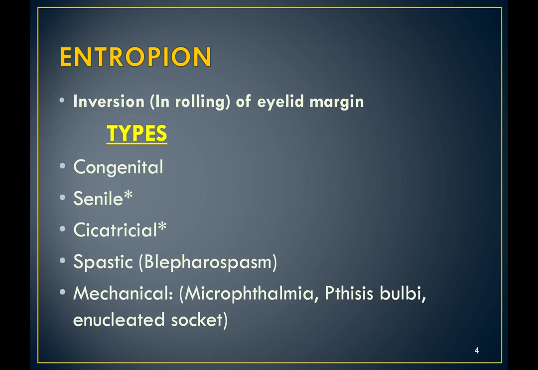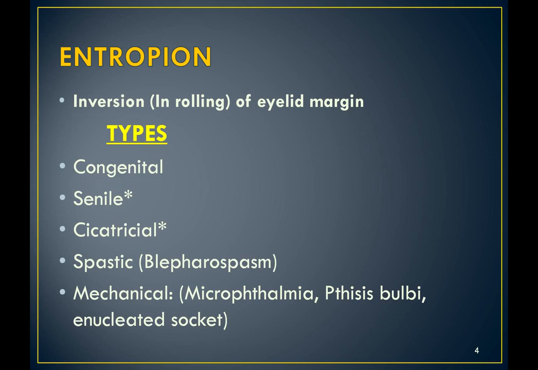As it gets inverted, the eyelashes start rubbing against the conjunctiva and cornea, and they cause irritation, itching, watering, pain and recurrent redness of the conjunctiva, and sometimes corneal epithelial abrasions, which may lead to ulceration and opacity in due course.